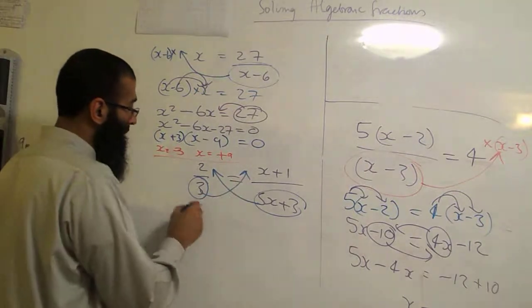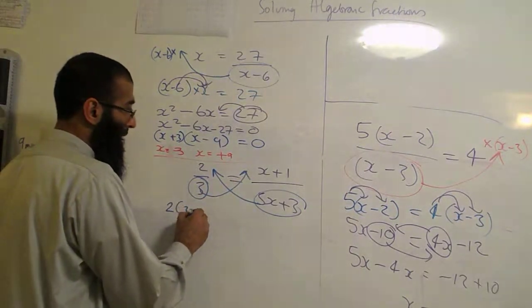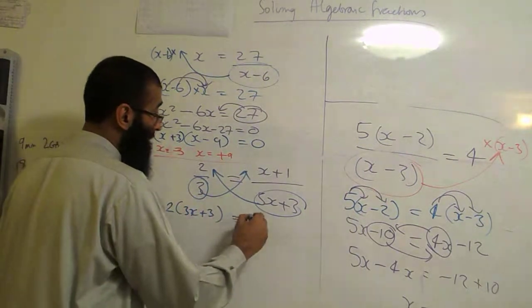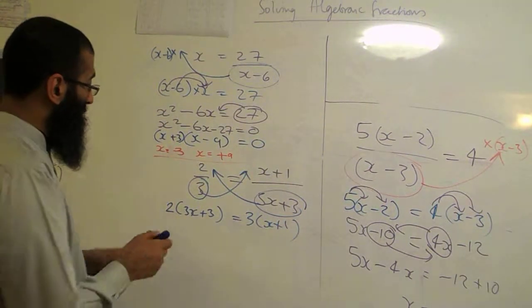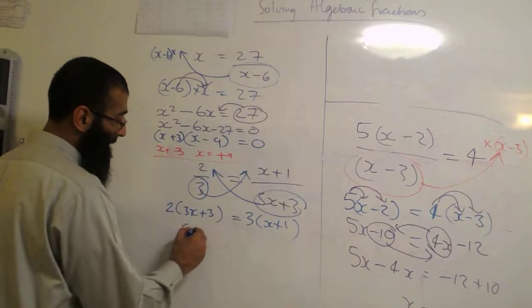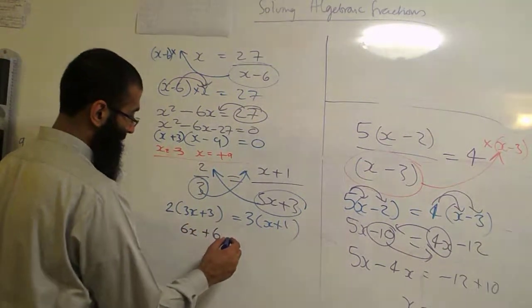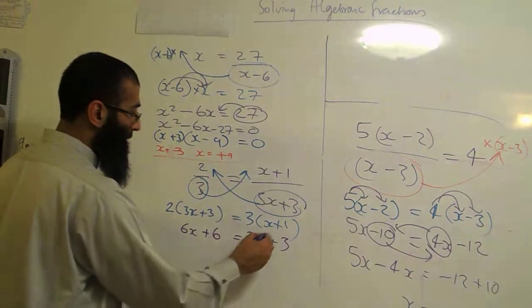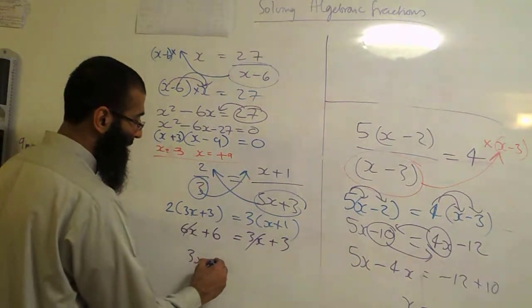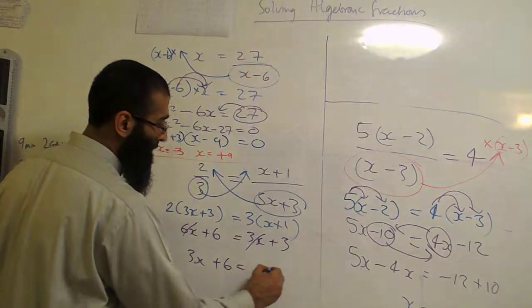Cross multiply. So we have 2 lots of 3x plus 3 equals 3 lots of x plus 1. So now we need to multiply it out. That will give us 6x add 6 is equal to 3x add 3. If you minus 3x on both sides, we have 3x plus 6 is equal to 3.